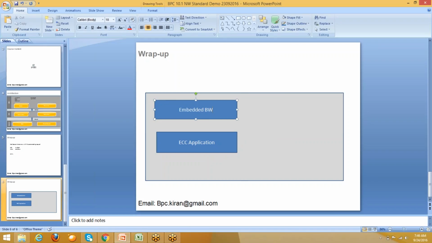In this embedded BW itself, I can install the BPC standard components. And I can implement some scenarios using BPC standard, some using IBP, integrated business planning. So it is all S/4HANA, and within that only BW is coming, correct? This is one scenario for S/4HANA.